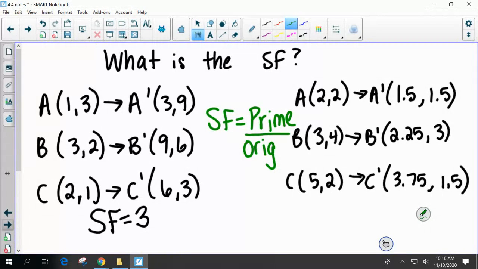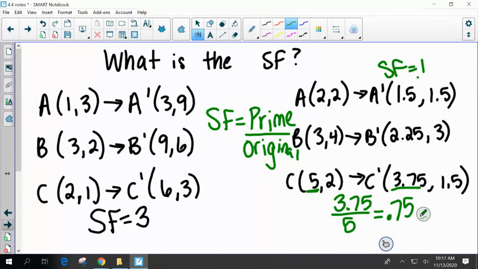So if you can't quickly figure out what the scale factor is, you can take prime divided by the original. For example, you could take 3.75, which is this value, divided by the original x, and it would give you your scale factor. Okay, so 0.75. The scale factor for this problem equals 0.75. So I would make sure you write that formula down: prime divided by original.